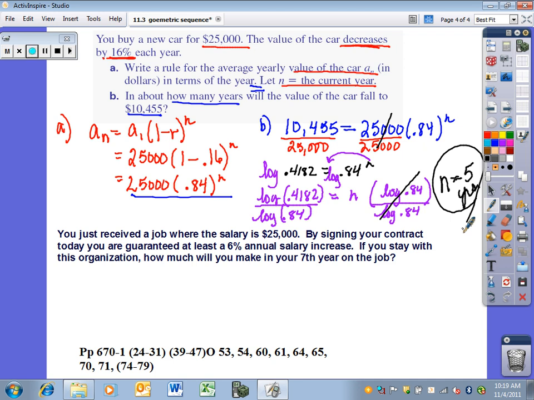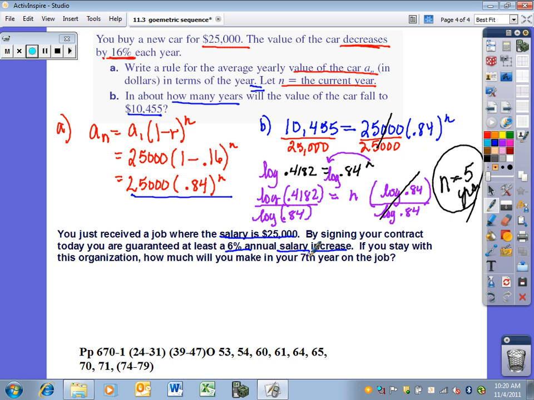Okay, now let's try the next one. You received a job where your salary is $25,000. So your salary is $25,000. By signing your contract, you're guaranteed at least a 6% increase in your salary.